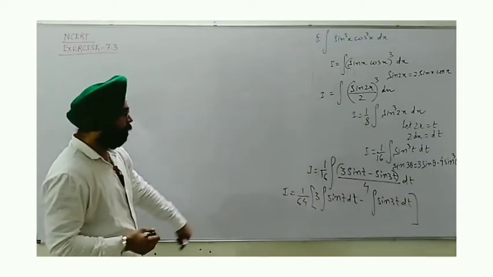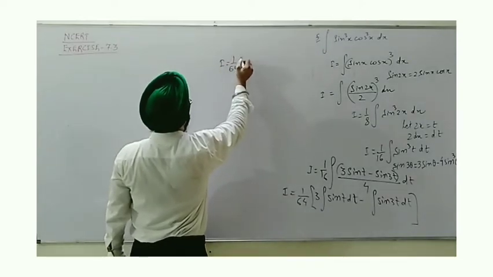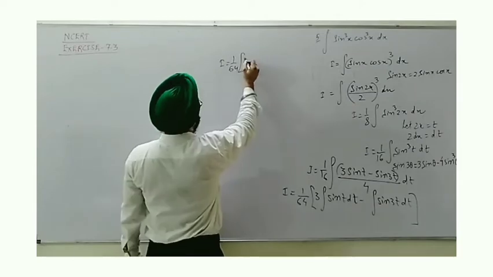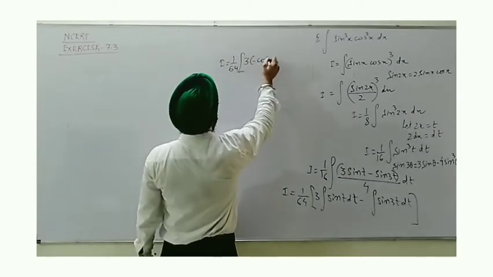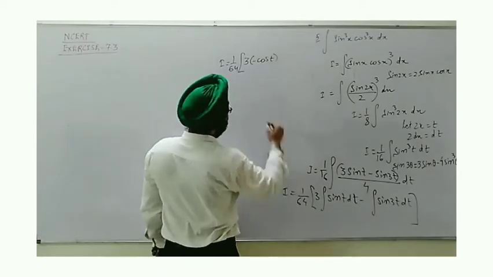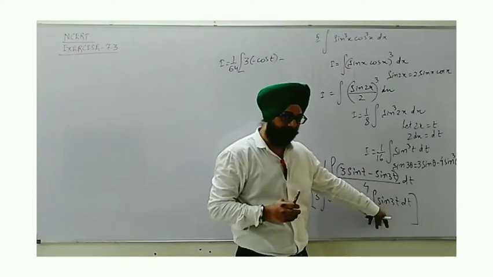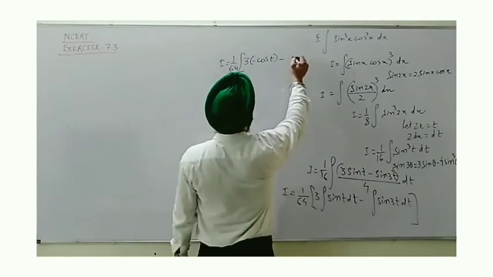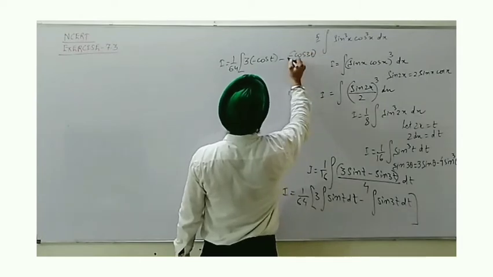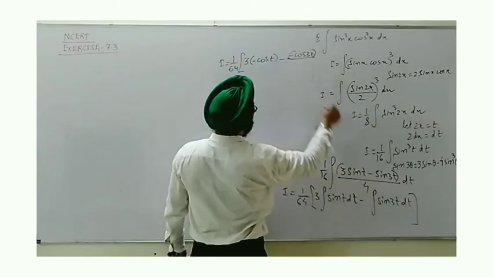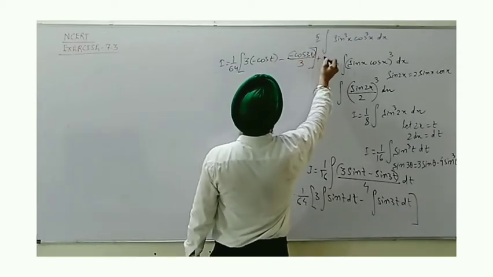Now the first term is the basic function, and we get I as 1 by 64, thrice the integration of sin t, which is minus cos t. It's minus cos t minus, and once again the same thing, the direct integration of sin 3t. We know that it is minus cos 3t as the integration of the sine part, and for 3t the coefficient of t is in the denominator, plus c.